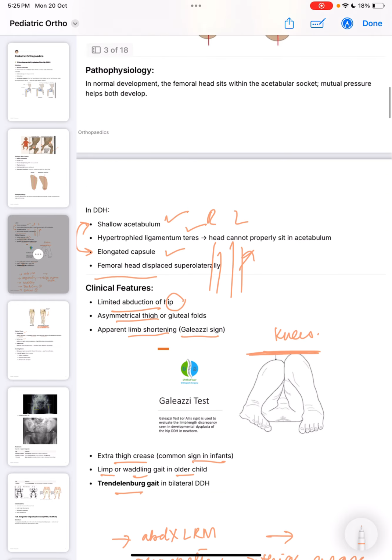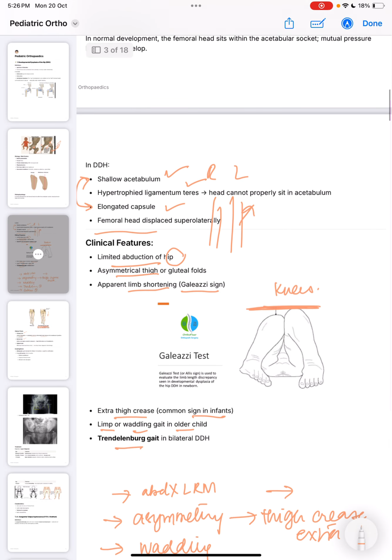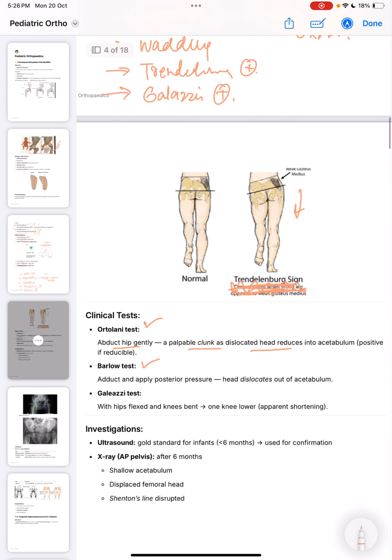So you're going to abduct this, and when you abduct it, you're pushing it in this direction, so the head will come in this direction. You have moved the leg like this, and it will move back into the socket. So this is the Ortolani test, right?